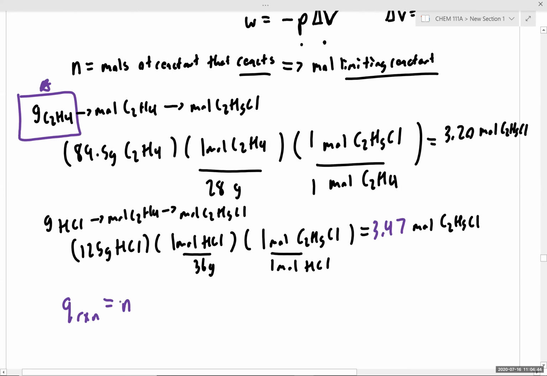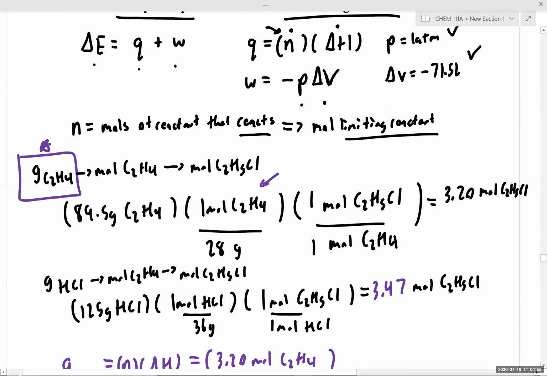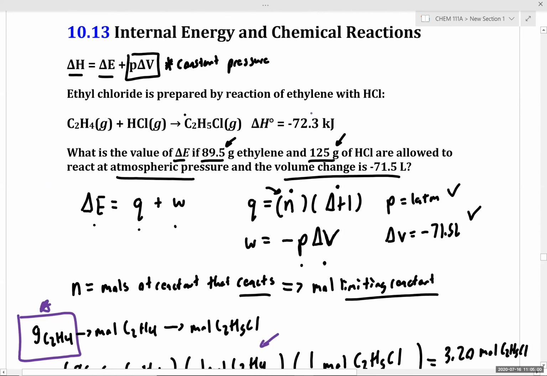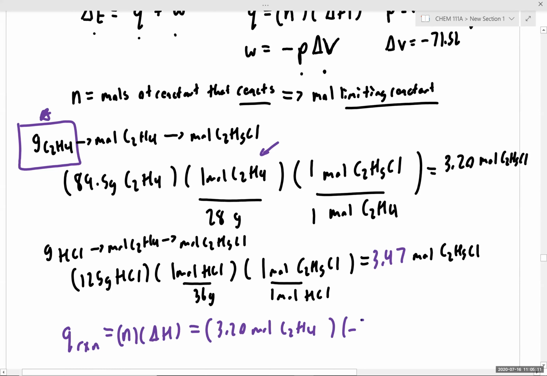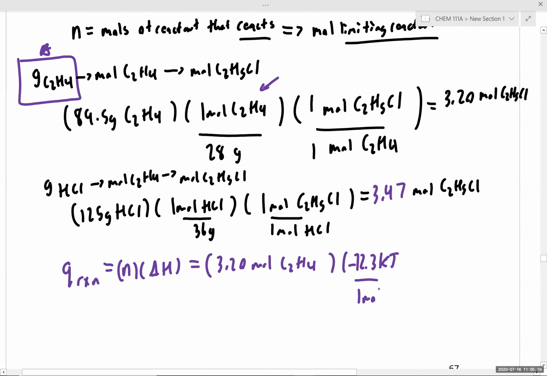In terms of calculating the heat of reaction, we're going to take our moles of limiting reactant times our enthalpy. In this case, we have 3.20 moles of ethylene reacting. As the ethylene reacts, it generates 72.3 kilojoules of energy per every 1 mole of ethylene that reacts.